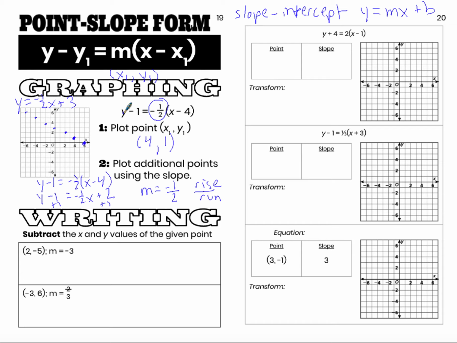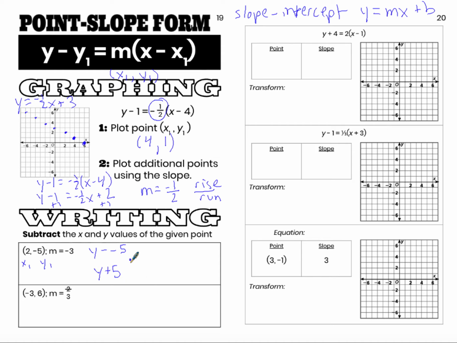If I'm instead given the point and the slope, I'm going to just subtract that x value and that y value within my point-slope form. So y1 is negative 5. That means I could write y minus negative 5, but that is not very sophisticated looking.